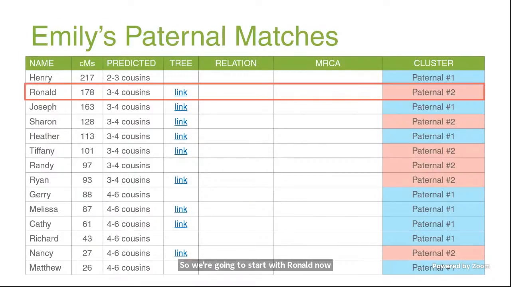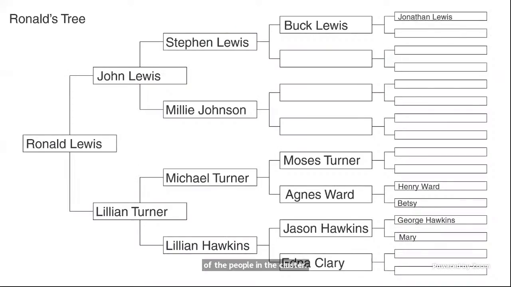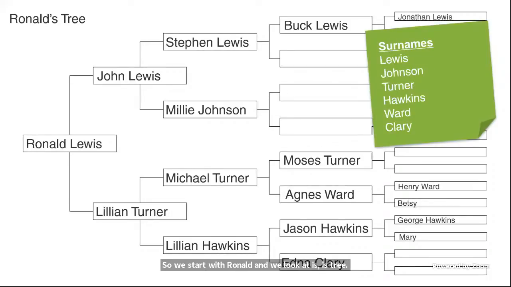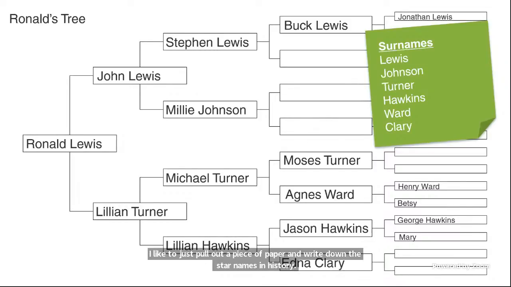Now in this situation, earlier we were looking at trees and saying, okay, we need to find the common ancestor based on my tree, but now I need to compare the trees of the people in the cluster. So we start with Ronald and we look at his tree. So here's his tree. And I like to just pull out a piece of paper and write down the surnames in his tree, just to start keeping track of it, because Ronald actually has a fairly decent, what we'd almost call a full tree, because he's got a lot of people and names and dates and places and things like that.